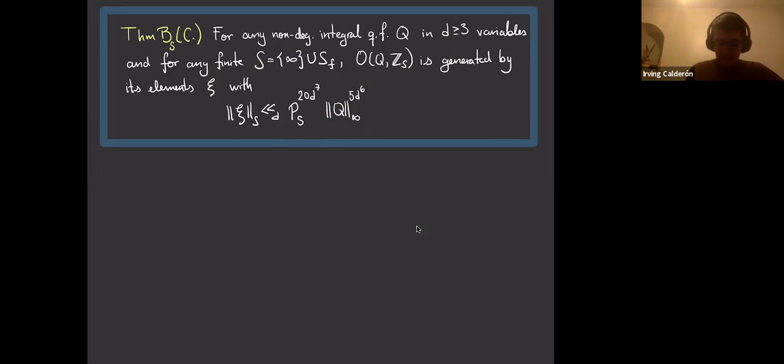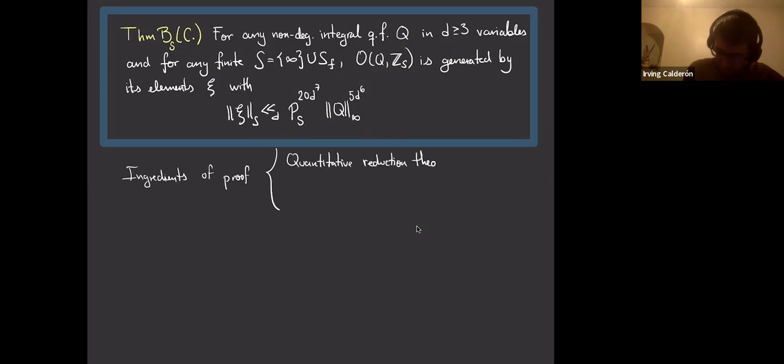Maybe I won't have enough time to sketch the proof, but let me just say at least the ingredients. The two main ingredients are quantitative results in reduction theory of quadratic forms, plus theorem A for theorem B and theorem AS.